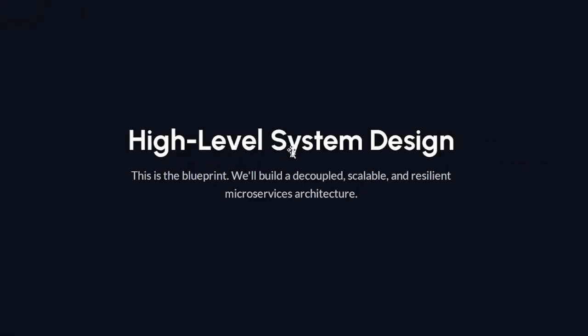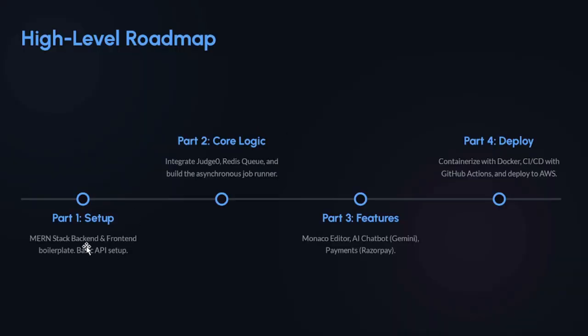So let's see the high-level system design roadmap for our project. In part 1, we will set up our MERN stack backend and frontend boilerplate with basic API setup. In part 2, core logic. We will integrate Judge Zero and the Redis queue and build the asynchronous job runner. In part 3, we will integrate features like the Monaco editor, AI chatbot, and premium features.